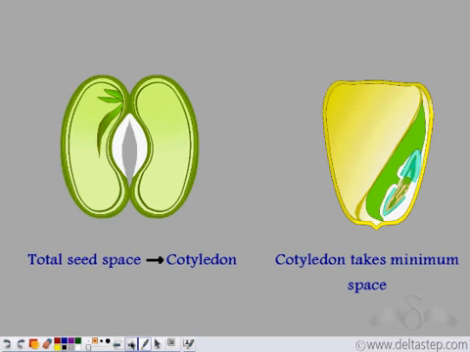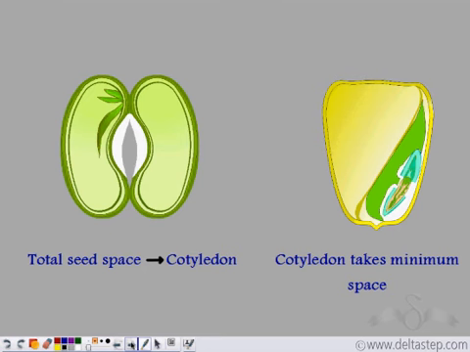In seeds where there is no endosperm, the cotyledon stores the food and provides nourishment to the growing embryo. See, in case of a bean where there is no endosperm, the cotyledon takes the maximum space inside the seed. This is the cotyledon.